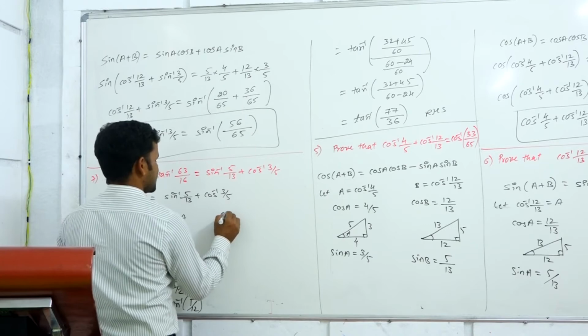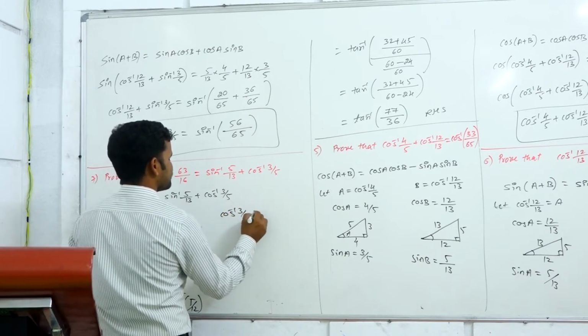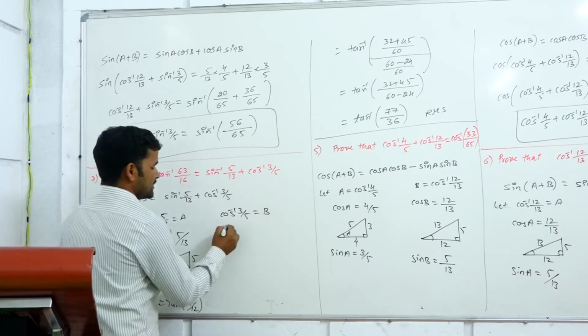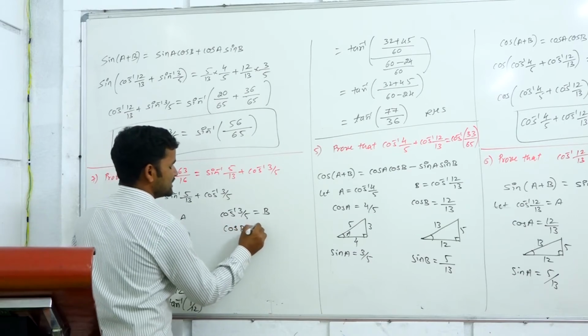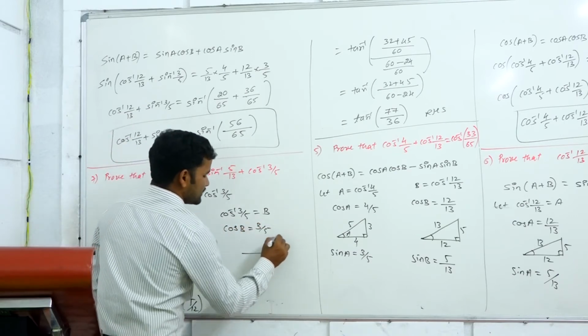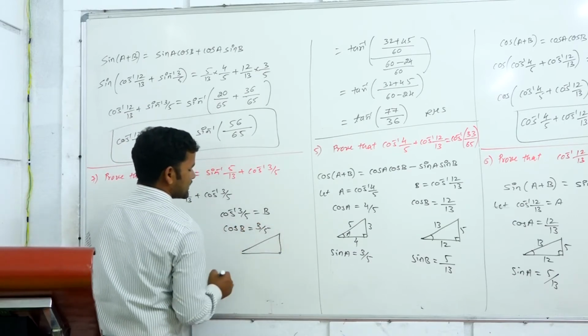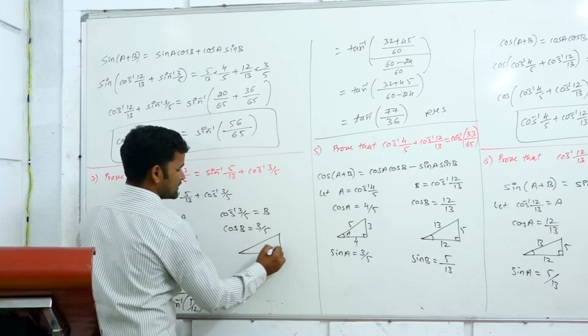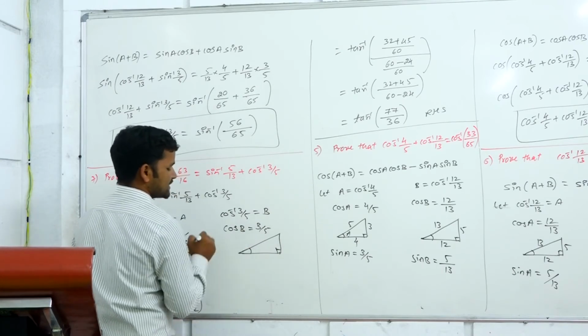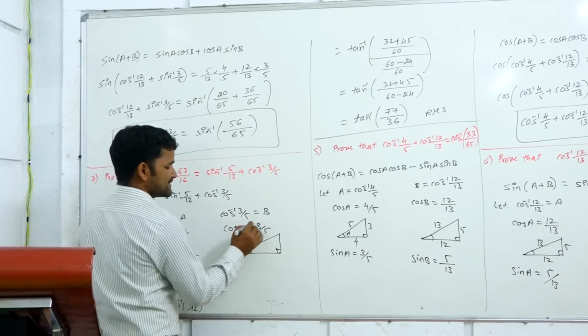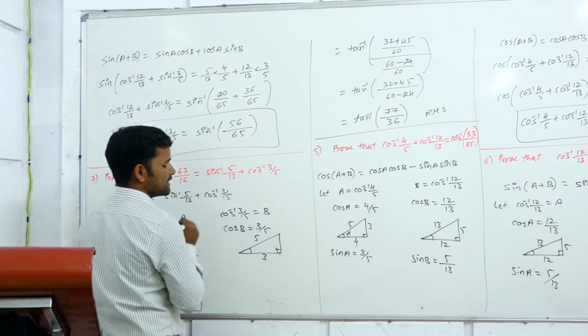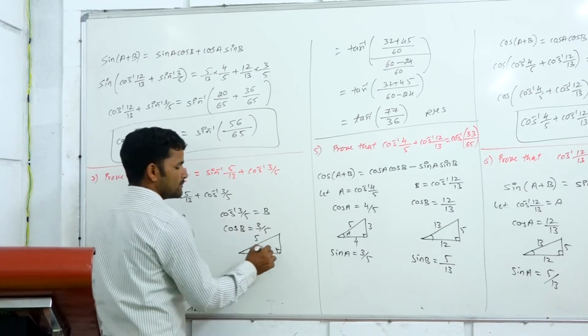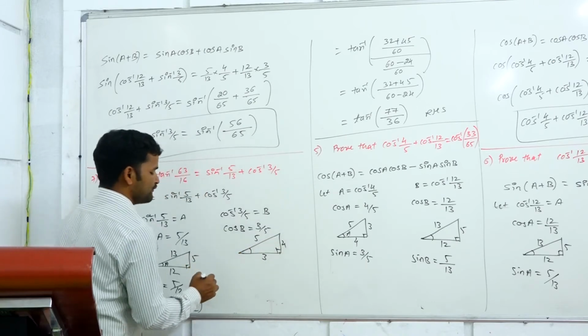Considering this, cos inverse of 3 by 5 is equal to B. Means cos B is equal to 3 by 5. Putting in a right angle triangle, this is the right angle and considering this as the angle B here, 3 by 5 is adjacent side by hypotenuse. What will be the opposite side? The opposite side will be 4.